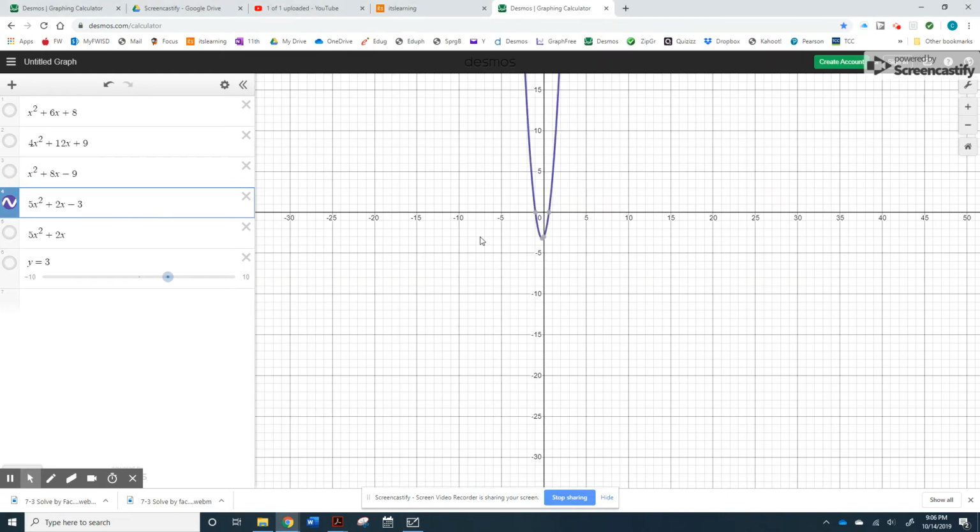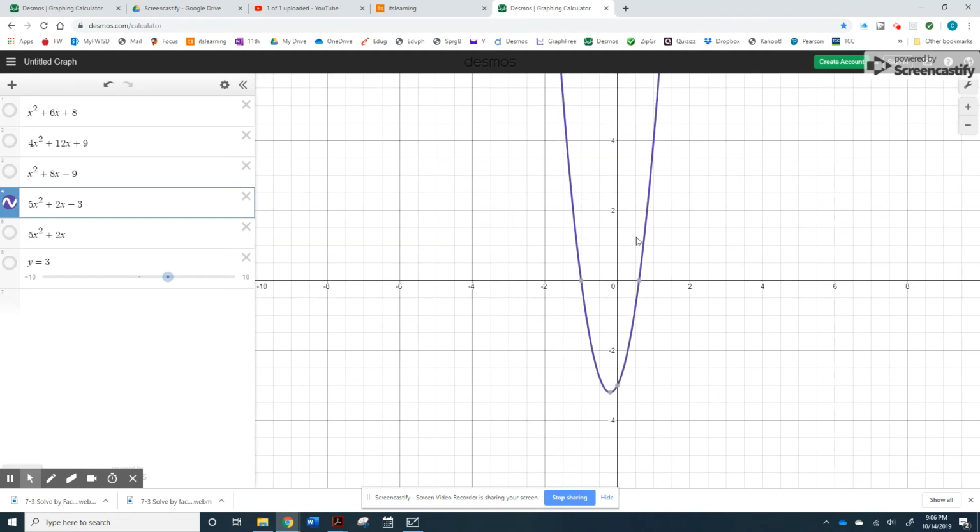If we check this one out, we have -1 and 3/5 is 0.6. If you're not sure, 3 divided by 5 is 0.6. So we can see right there that 3/5 is 0.6.